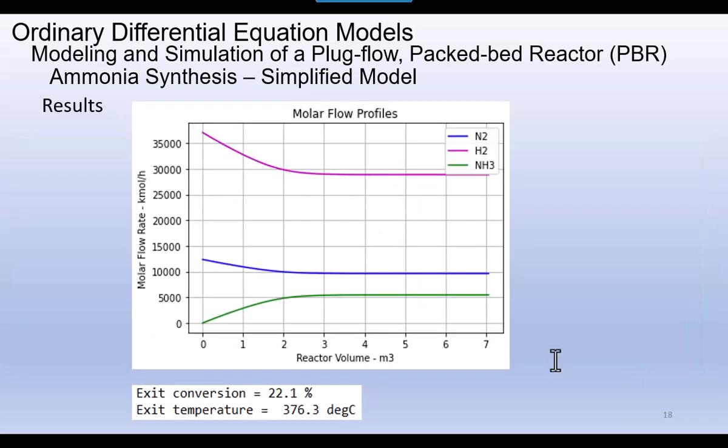And then this is the molar flow profiles, and showing the results at the bottom for our exit temperature and our exit conversion. And the exit conversion of around 22% is pretty well established in the literature for ammonia, running at these reaction conditions with the appropriate catalyst in a packed bed.